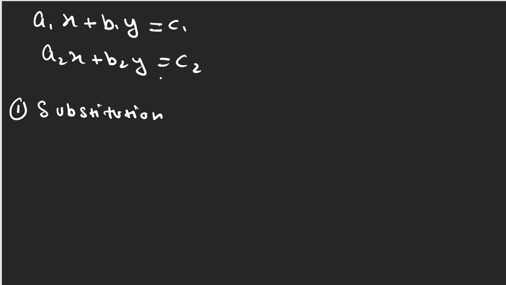You all have studied substitution: find the value of x or y from one equation and put it in the other. From the first equation, we will consider the other variable as constant. So suppose that from the first equation, we want to find the value of x. So we will treat y as constant, so this will become a one-variable equation. So x can be written, this will go to the right-hand side, as c1 minus b1y divided by a1. This is the value of x from the first equation.